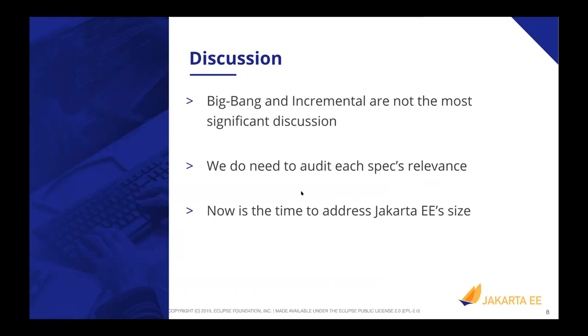Yeah, I can. So basically, I'm asking, how would you suggest that we could audit each spec's relevance? I think there's 34 specifications. There's 34 Java packages. And I think what we need to do is divide and conquer, get people to write up an analysis of how long it's been since some of these have changed.